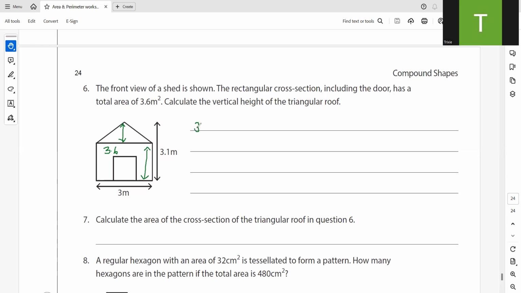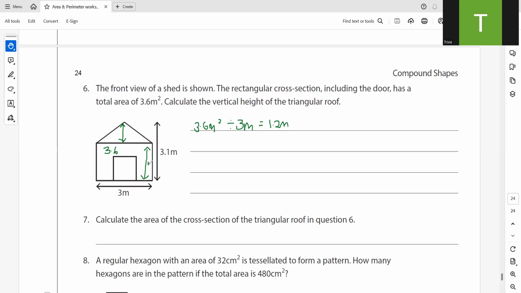So as known, the area of the rectangular cross section is 3.6 meters squared. And then we can divide it by the base to get the height. So 3.6 meters squared divided by 3 and we'll get 1.2 meters.